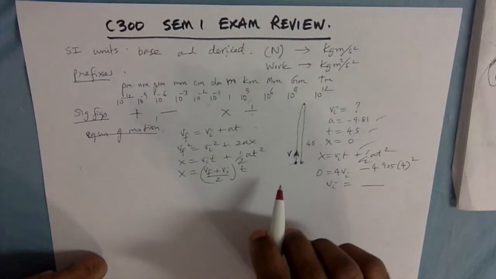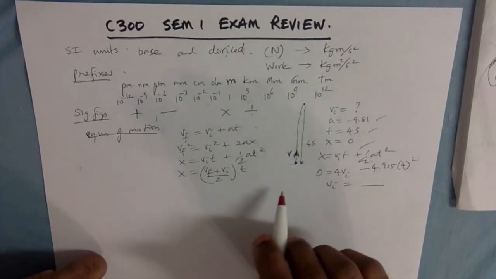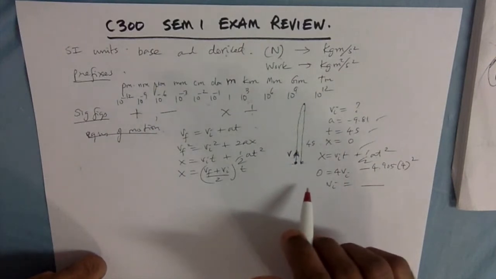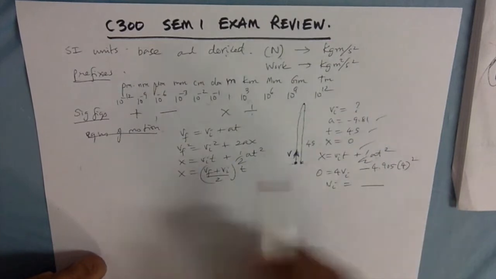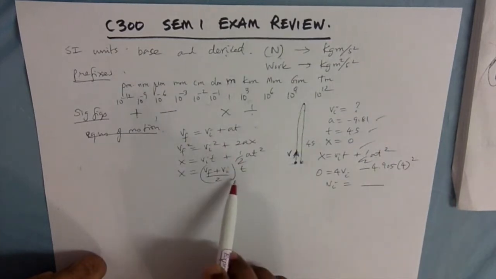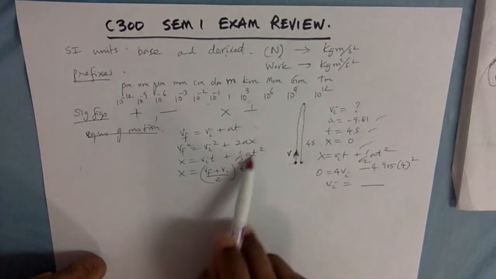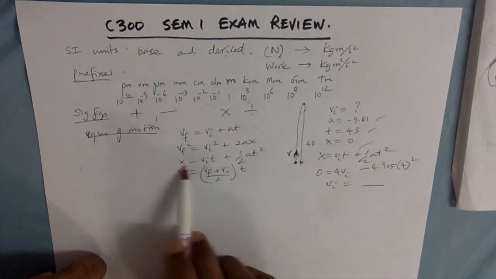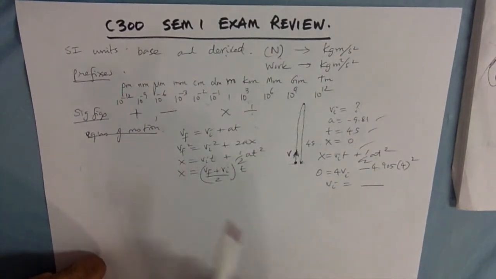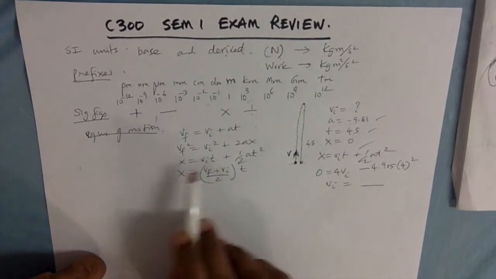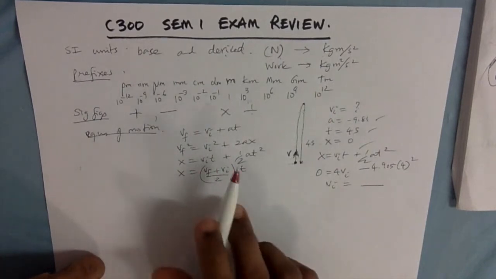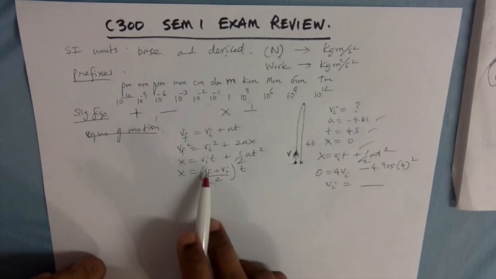So remember that part of it. If acceleration is not there, the only equation you can use is x is equal to VIT. So if you know the speed and the time, you can just multiply it. Okay, but make sure you use the proper units for it.